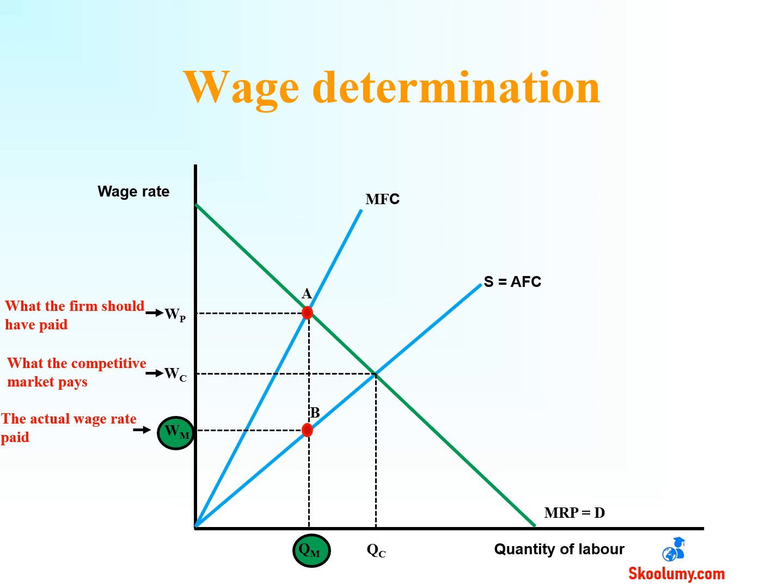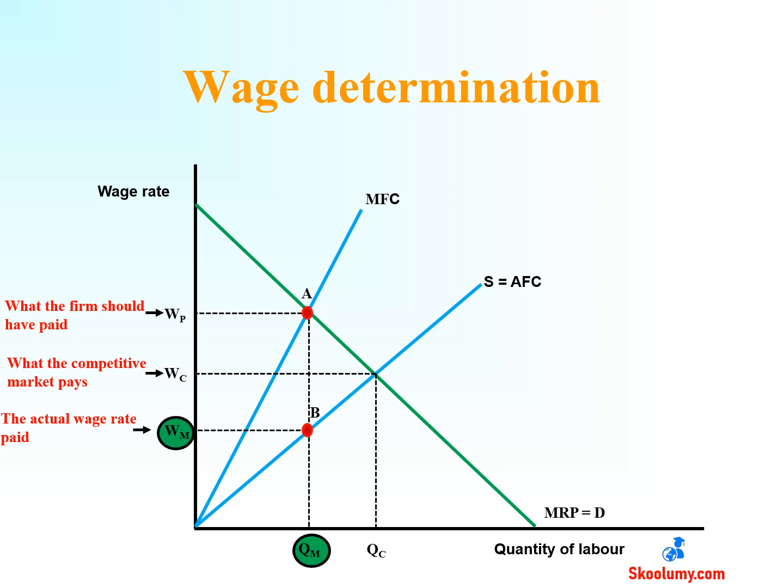The monopsonist usually pays a wage rate that is below the rate that can be justified by the productivity of the worker. The MRP shows the productivity of the worker, and it produces a wage rate of WP. Therefore, it cheats the workers by paying less than WP.